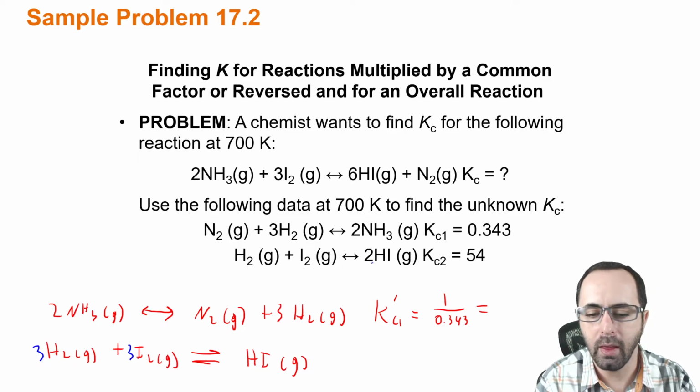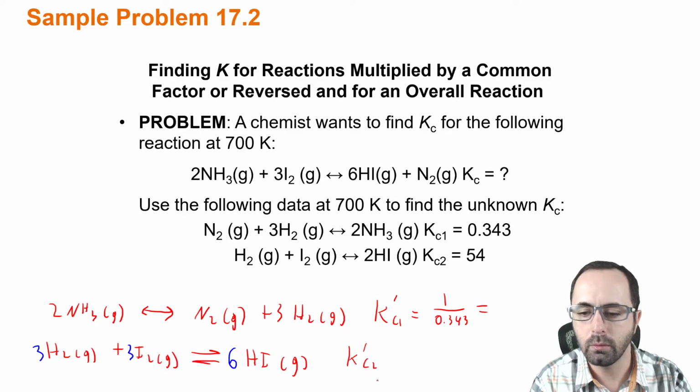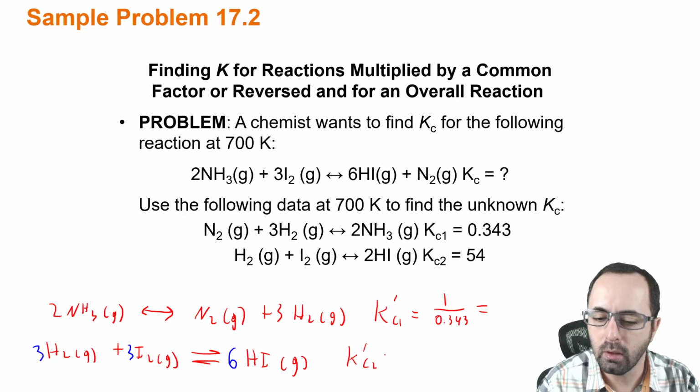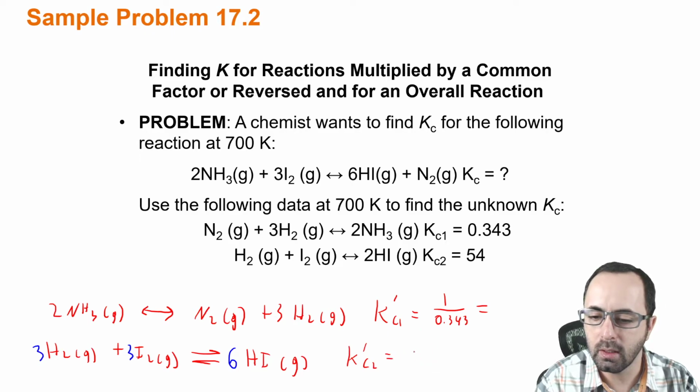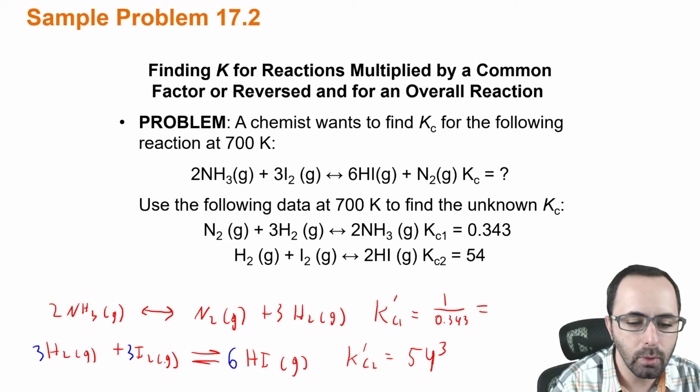We're going to multiply the HI by 3, so we actually have 6 now. And so our new K prime for C2 is going to be 54 cubed.